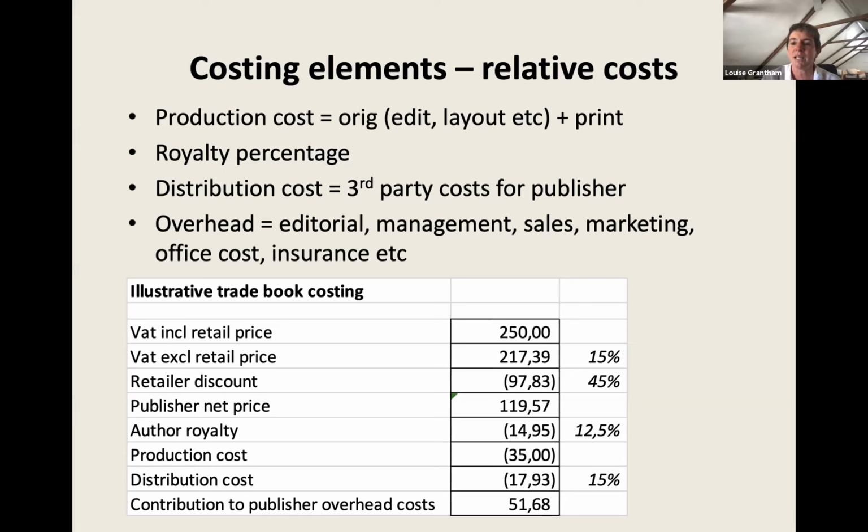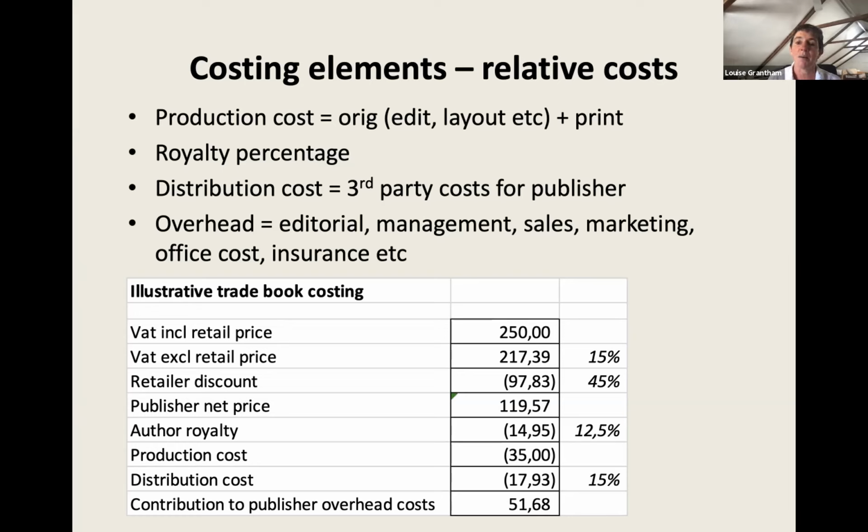If we've got a book selling at 250 Rand, we've first got to take the government's cut off in terms of tax. So our VAT exclusive price of a 250 Rand book would be 217 Rand. Then we need to take off the discount that publishers in the trade would give to a retailer.